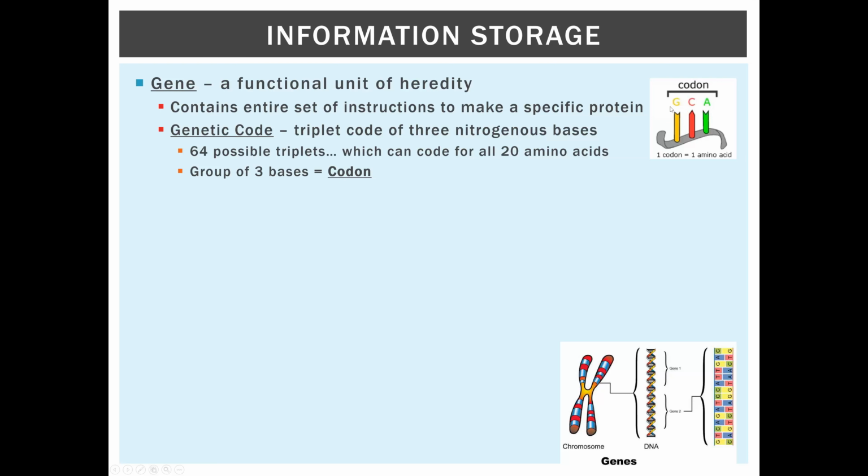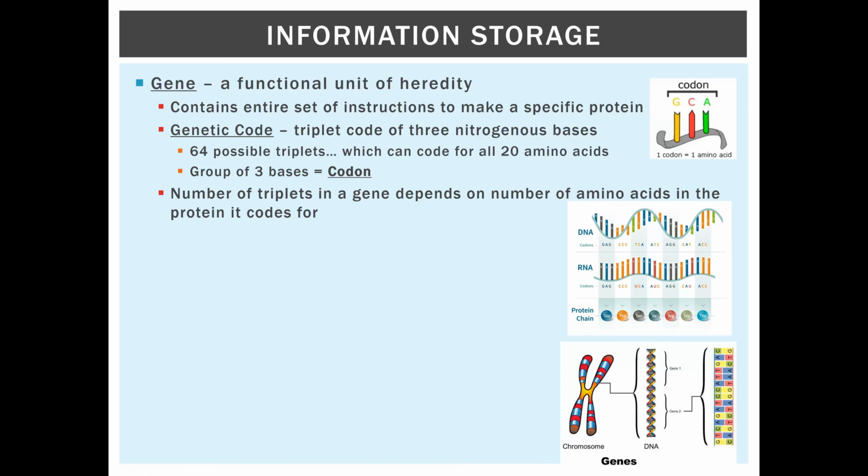So 3 bases together make up a structure called a codon, and that is going to be information on how to add one amino acid to a protein. With all of the letters of DNA, there are 64 possible triplets, and these can code for all 20 amino acids. So there is some repetition where some codons can code for the same amino acid.